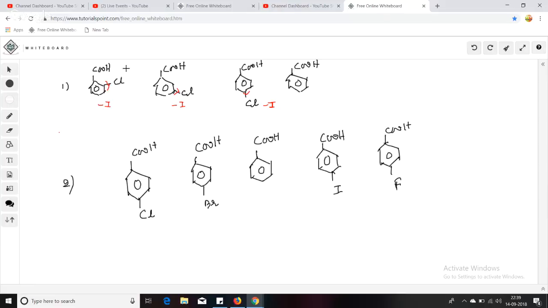Can it show plus R also? You see, it has a lone pair on this also. Lone pair here also we have, and here also we have.